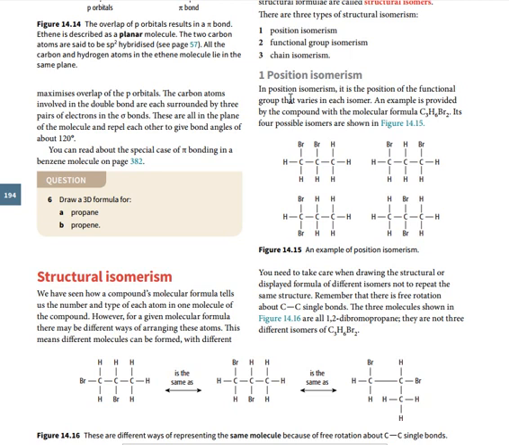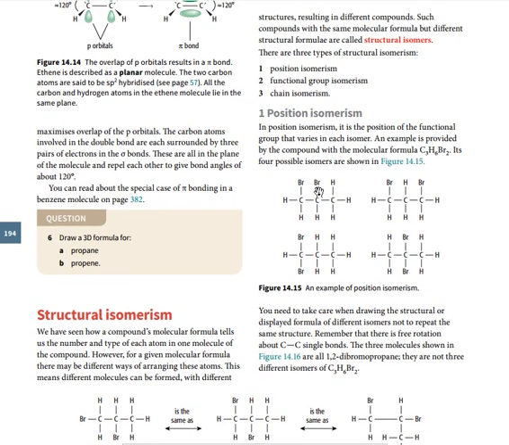Positional isomerism refers to molecules that have one functional group, with different orientation of the functional group with respect to the chain.